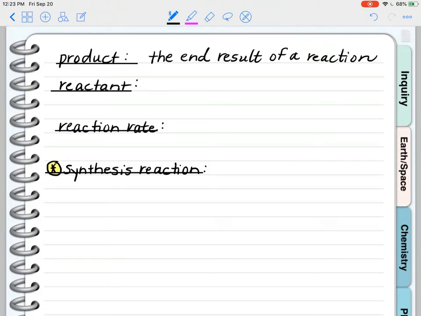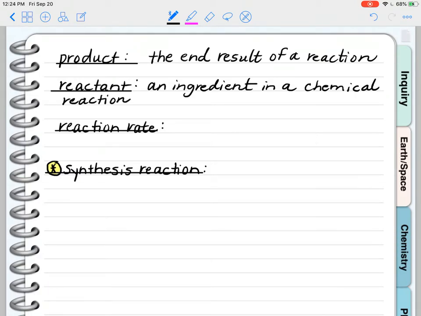The reactant is an ingredient in a chemical reaction. So this is the stuff that you put into your chemical reaction. And again, when we do an example, we're going to use all of these terms, or most of these terms. Hopefully you are going to see how all this fits together.